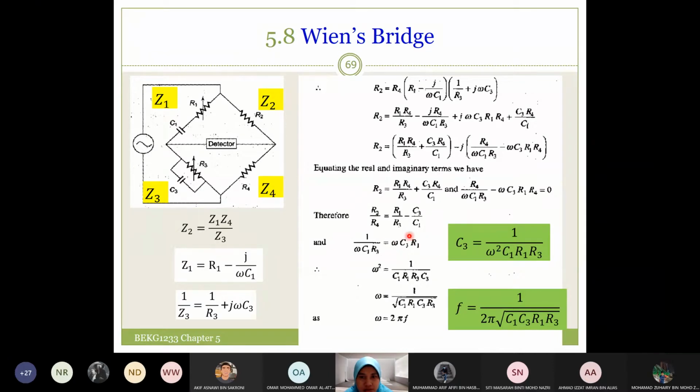So this is the imaginary part here. This is the imaginary part. And then we get omega. Sorry, omega square is equal to this. Omega is equal to 1 over, as omega is equal to 2 pi f.